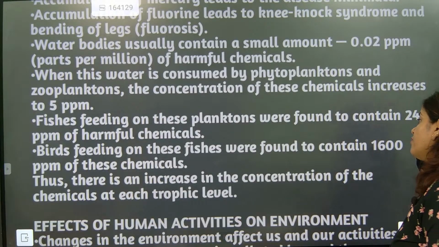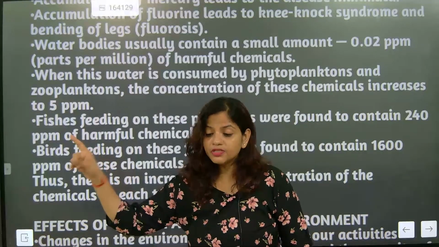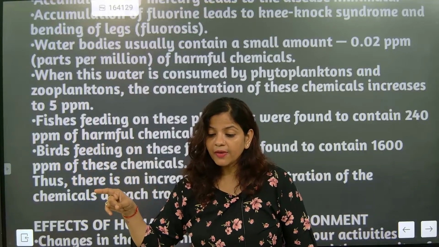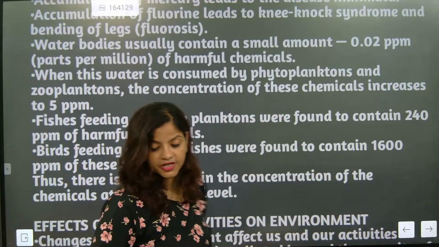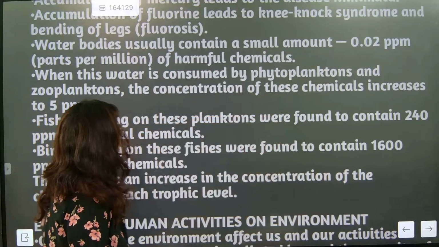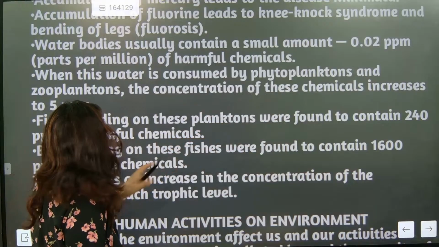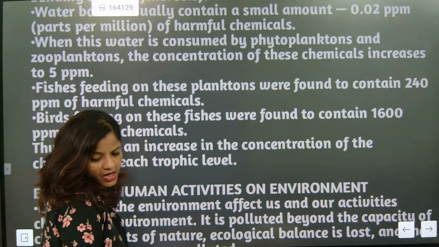240 ppm of harmful chemical. Wow, from 0.02 ppm of harmful chemical in water bodies, see how much is present in fish. Check this: when this water is consumed by phytoplanktons, they will accumulate 5 parts per million, that is ppm.